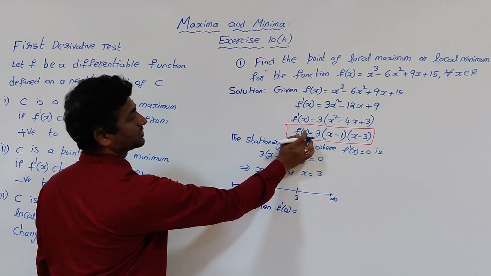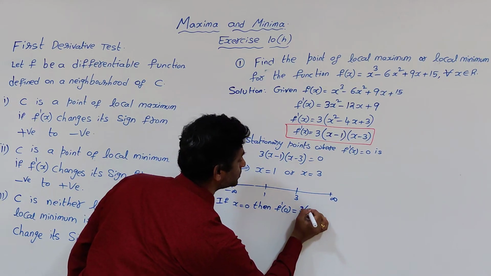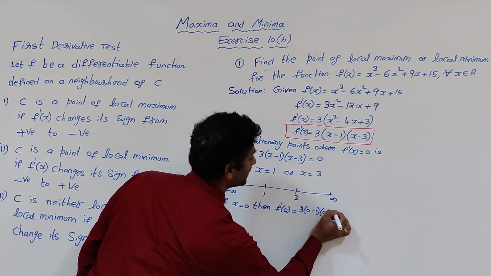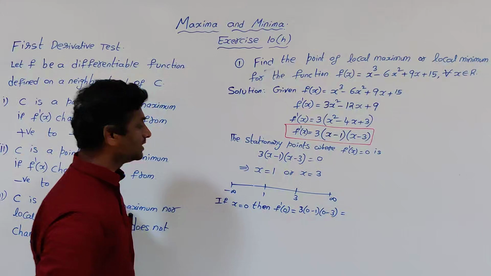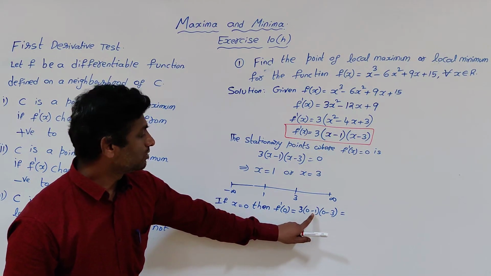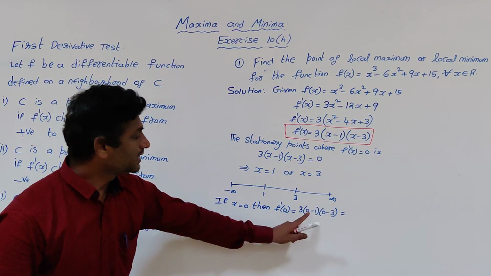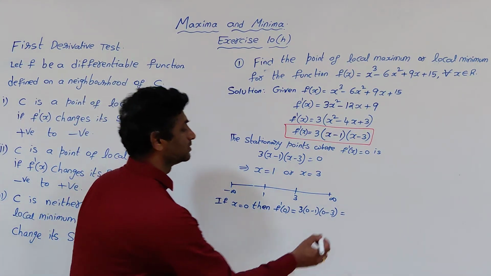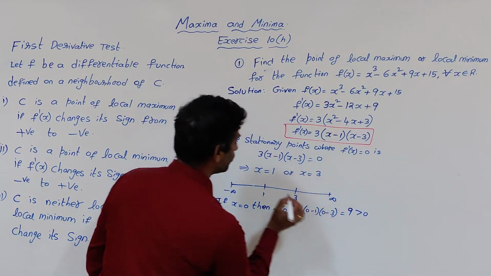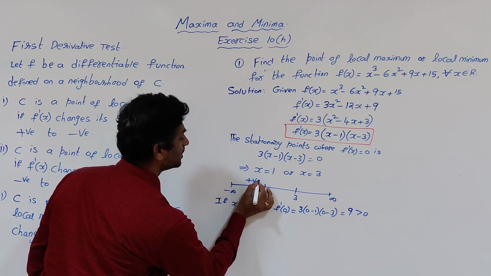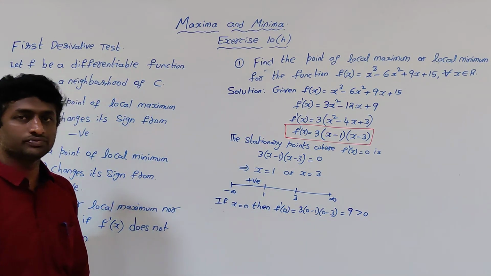Substitute 0 in this function. 3 into 0 minus 1 into 0 minus 3. So what will be the result? 3 into minus 1 into minus 3. Minus 1 into minus 3 is 3, so 9. So it is positive. So f dash of x is positive.